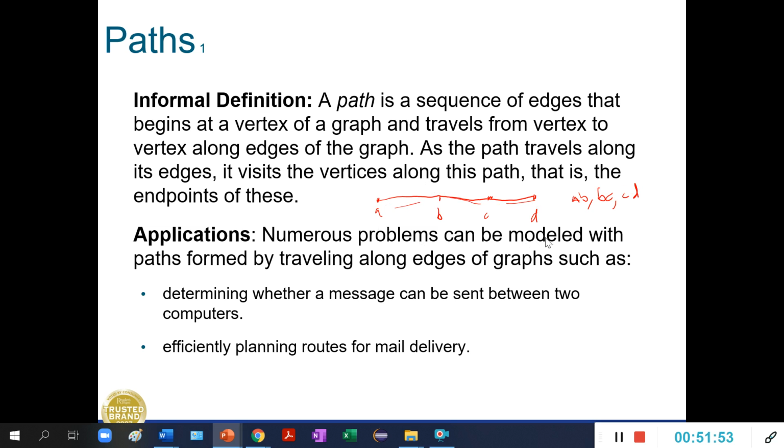Applications. Numerous problems can be modeled with paths formed by traveling along edges of graphs, such as determining whether a message can be sent between two computers in a network, efficiently planning a route for mail delivery, or even your Google Maps also uses a path, like minimum path or fastest route, shortest distance and stuff.